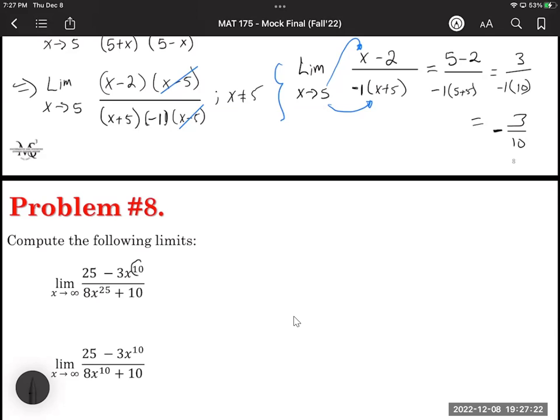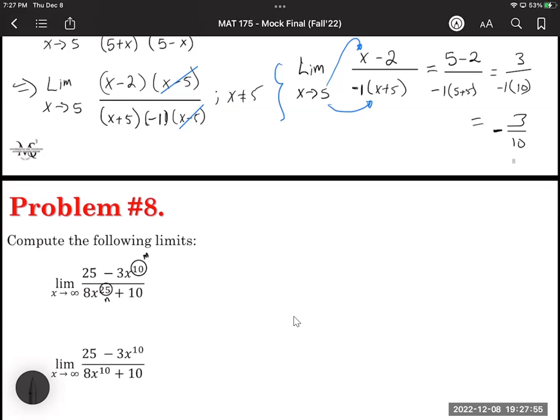The degree of this numerator is 10, so I'm going to call it m. On the other hand, what is the degree of my denominator? 25. I'll call that n. So, what can I say when I compare m with n? Is m equal to n? Is it less than n? Or is it greater than n?